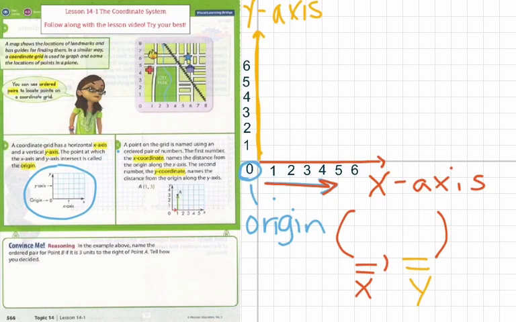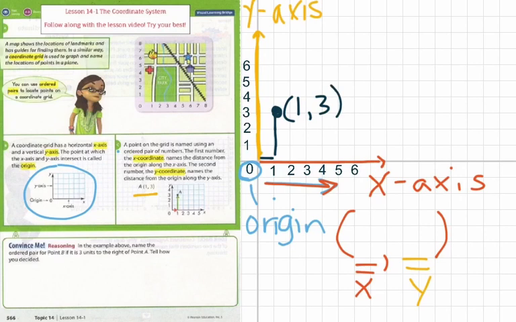So for example, they give us this example here of 1, 3, an ordered pair of 1, 3. So we move over 1, and we move up 3. 1, 2, 3. And this is where our dot's going to go, and you can label it that it is 1, 3.